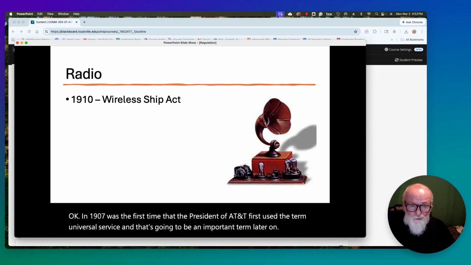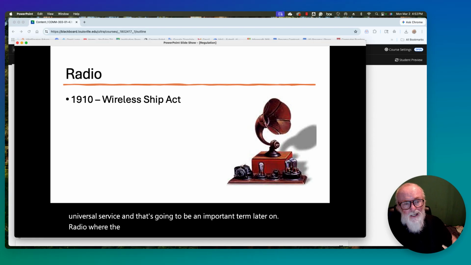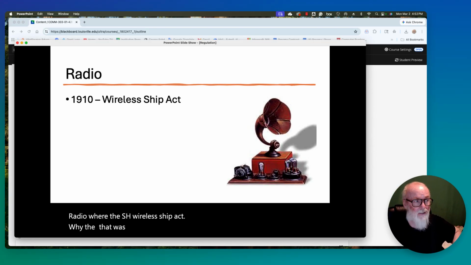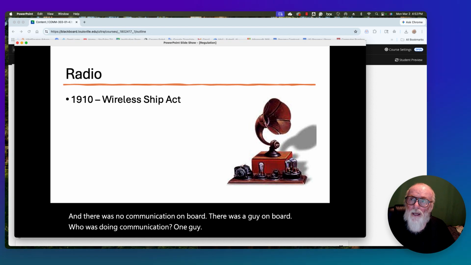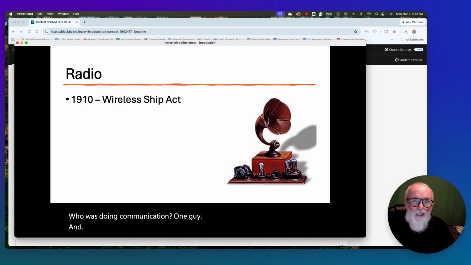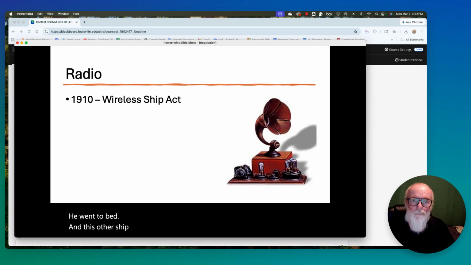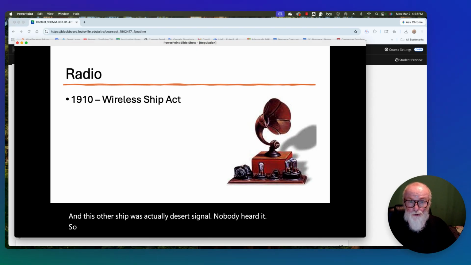Radio, we had the Wireless Ship Act. The Wireless Ship Act was introduced because there was a shipwreck and there was no communication on board. There was a guy on board who was doing communication, one guy, and he went to bed. And this other ship was sending a distress signal. Nobody heard it. So the law said you had to have at least two guys on the ship.